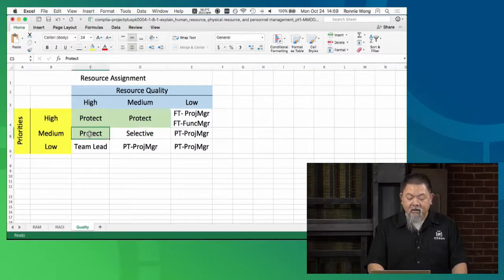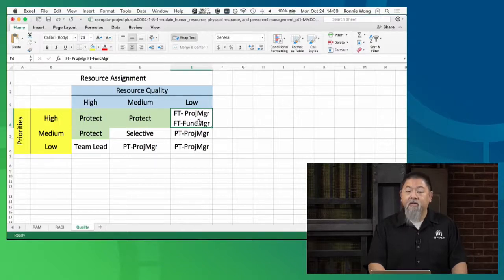When you have a medium and high as far as priorities go, these are the ones that really go towards advancing the image of your company. Notice that if my priority is high, but I really do not have any resources left, I can assign a full-time project manager and a functional manager to help me out.